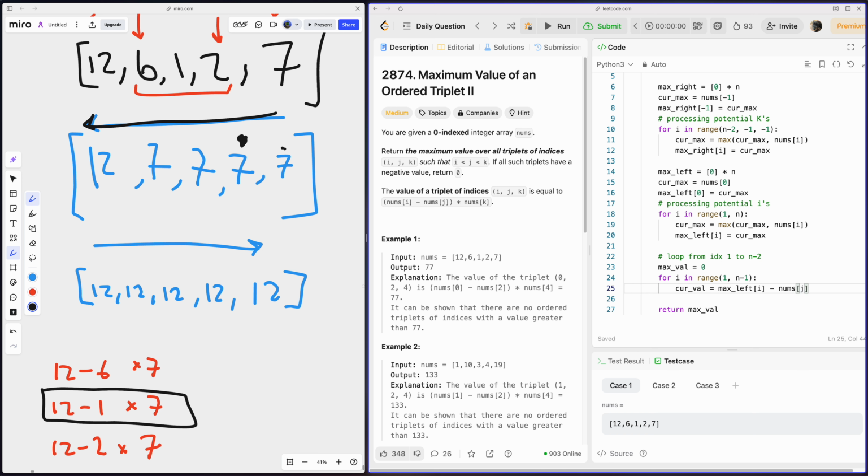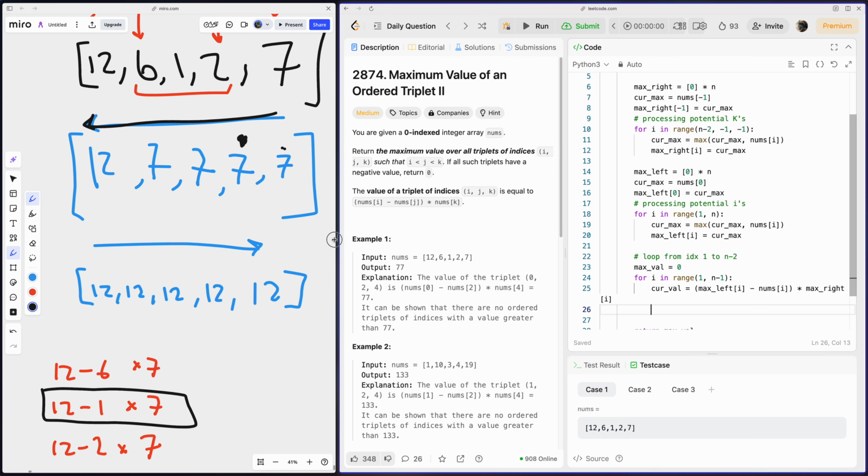Because there's no other choice. We're processing the current index. And then we multiply that by nums at k, which is the max right at k, which is I. Sorry, and then this is nums I. Everything is indexed I right now. Sorry for the confusion, but this is like I, this is like j, and this is like the k.